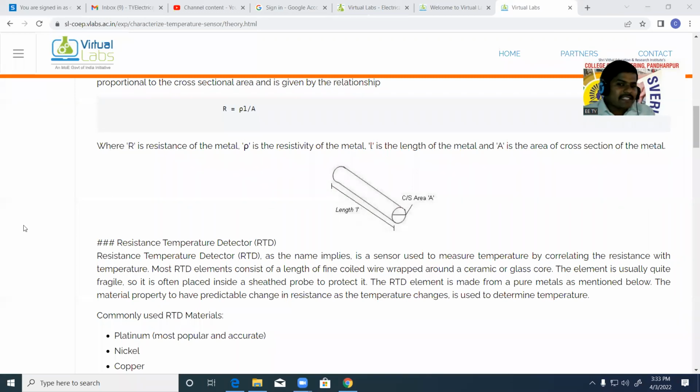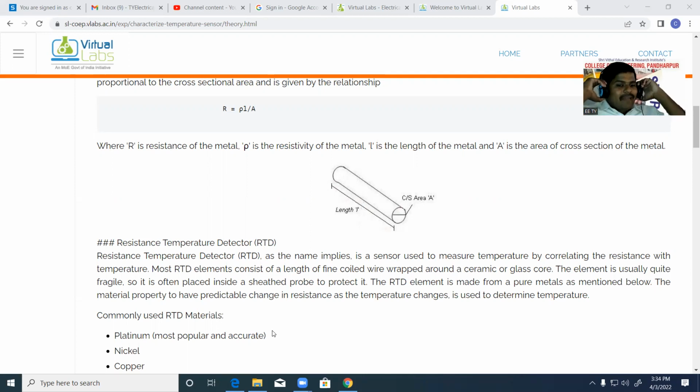Suppose we consider a conductor having length L, cross sectional area A, and resistivity rho. The resistance temperature detector, that is RTD, as the name implies, is a sensor used to measure temperature by correlating the resistance with the temperature. That means there is a correlation between resistance and temperature.